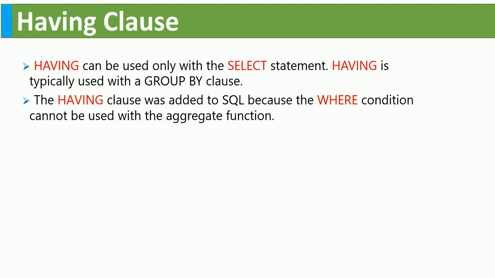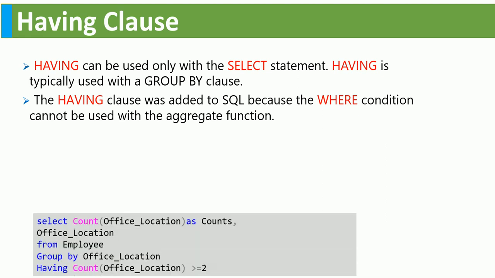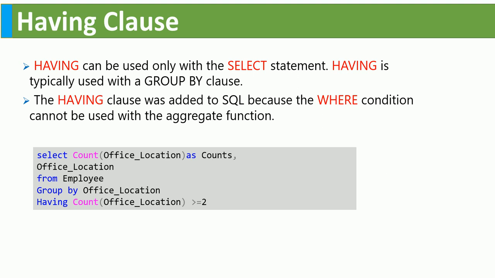So all these are aggregate functions. And this is the syntax for how you can use it. So SELECT COUNT of the table name as counts. You can mention the column name, the office location, FROM employee, and HAVING count of office location greater than or equal to 2. So that's how you can use it.